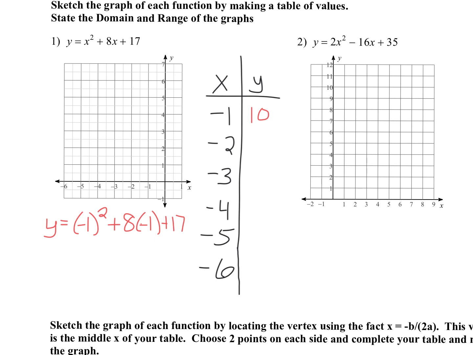Okay, how do we find the Y value for -2? Same thing, plug in -2. What's -2 squared? -2 times -2? +4. What's 8 times -2? Yep, so if we have 4 minus 16, and then we have that plus 17, so we get 5. Same thing for -3, right? Go ahead and plug all of those in.